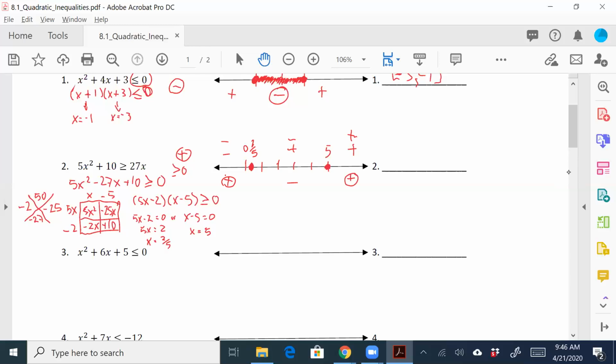And this time we're looking for the intervals that are positive because it's greater than or equal to 0. And so instead of shading in here where it's negative, we shade out here. Draw a little arrow on the end because it continues. And then over here as well where it's positive.